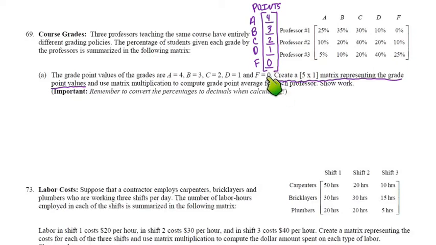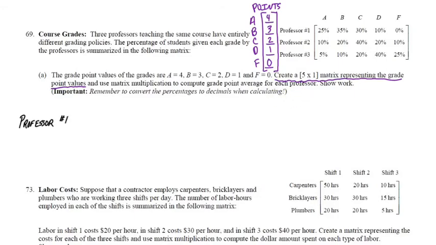So there's our little 5x1 matrix for how many points each letter grade is worth. Now we're supposed to use matrix multiplication to calculate the GPA, the grade point average, for each professor.